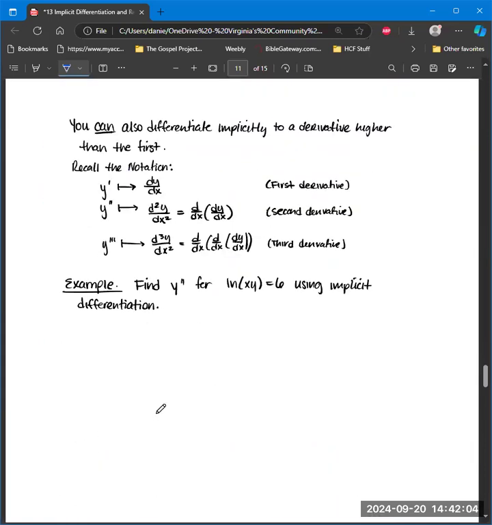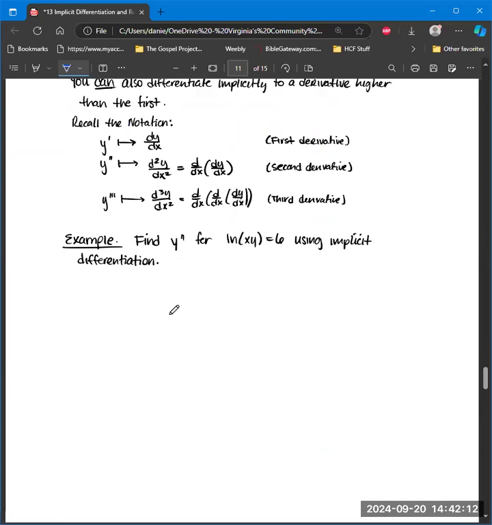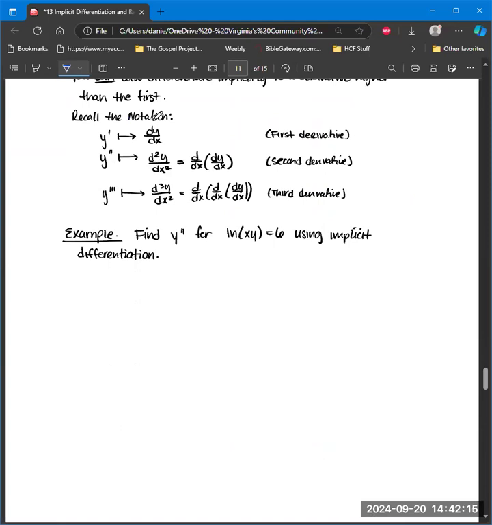So you can differentiate implicitly to find a derivative of higher order, higher than the first order. You're just going to have to go back and make some substitutions when you do that with your first derivative that you've already found. So find your first derivative to be dy dx. Then d2y dx2 will be your second derivative, y double prime, and that's the derivative with respect to x of your first derivative.